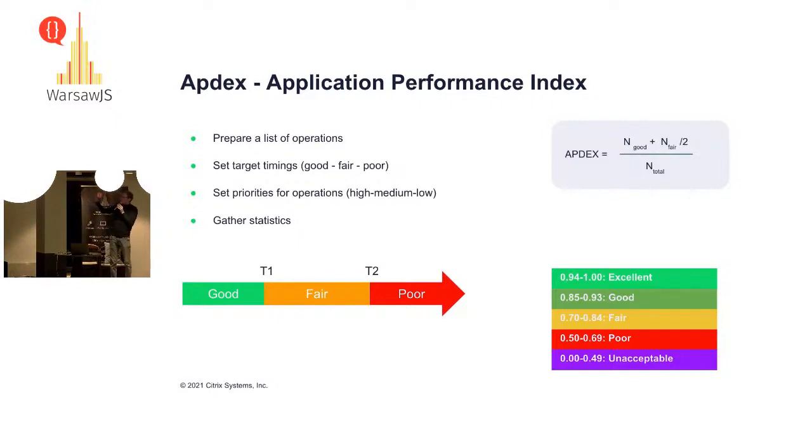It's an aggregation of the number of good performance events and fair performance events according to this formula, and we divide all this by the total number of events. So as an output, we have this scale. Everything above 0.85 is good.